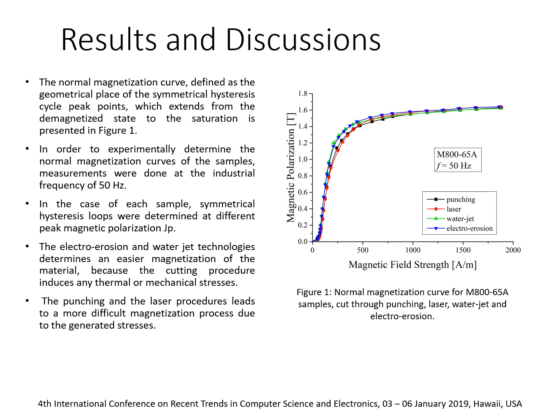In the case of each sample, symmetrical hysteresis loops were determined at different peak magnetic polarizations. The electroerosion and water jet technologies determined an easier magnetization of the material because the cutting procedure does not induce any thermal or mechanical stresses. The punching and the laser procedures lead to a more difficult magnetization process due to the generated stresses.